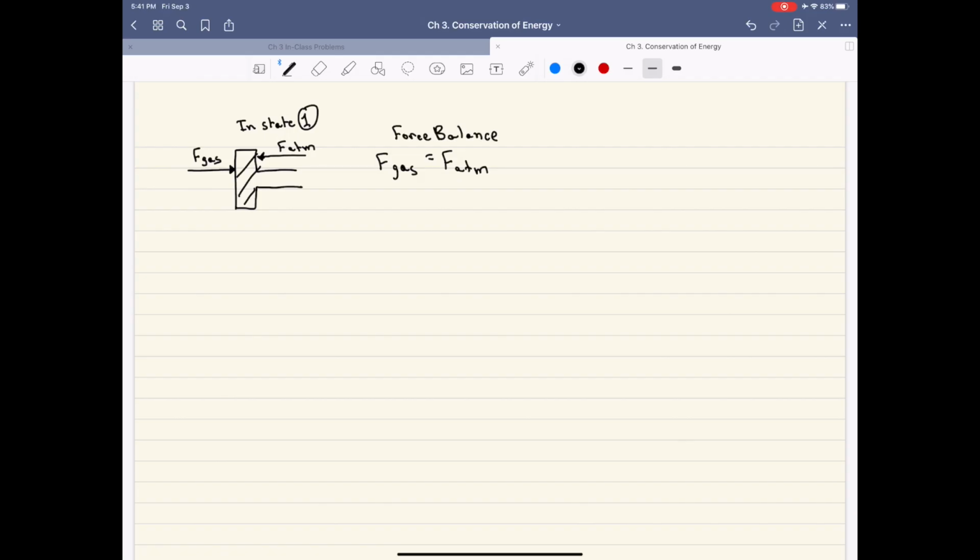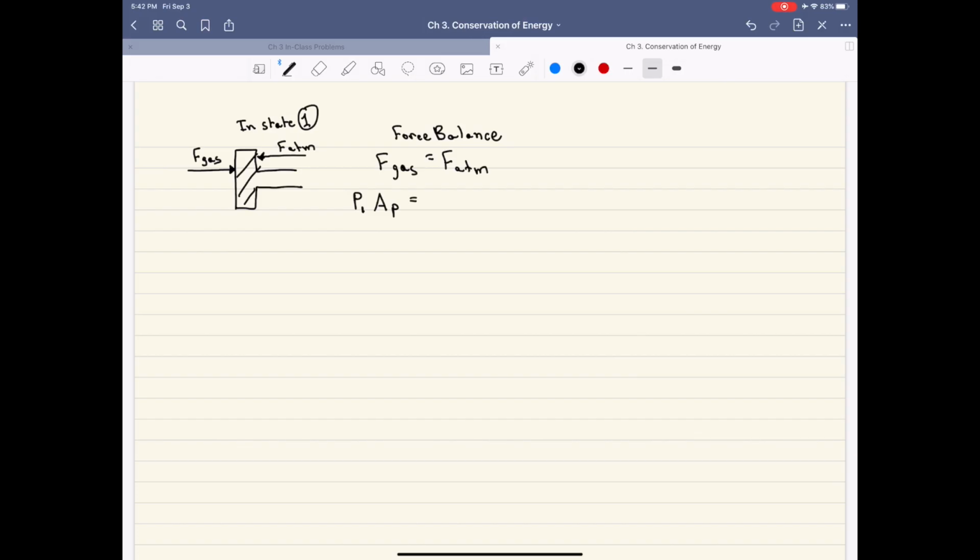We're going to use this force balance to figure out the pressure of the gas on the left-hand side of the piston. I mentioned that the force of the gas is due to gas molecules bumping into that face of the piston. The way we could quantify the force of the gas is by saying it's equal to the pressure of the gas, P1 initially, times the area of the piston.